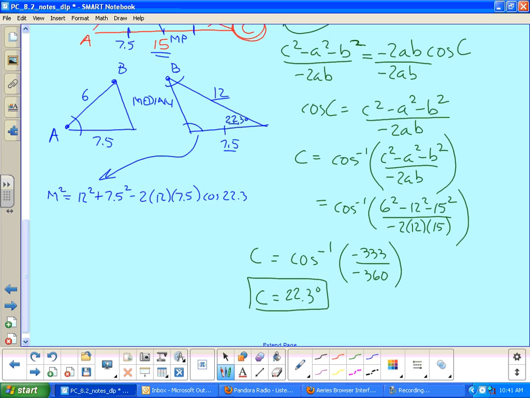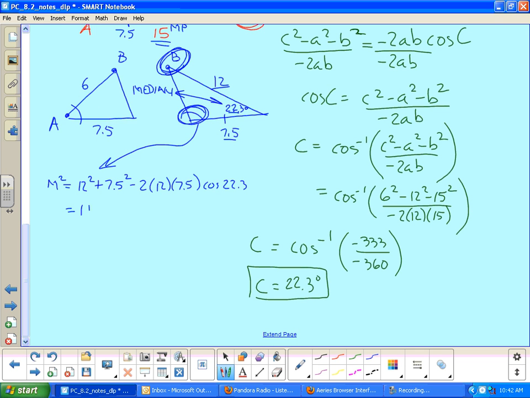Now sometimes you use a law of cosines and it gives you enough information to then use a law of sines to find another missing part. But in this case, we would need to know either angle B or this angle to be able to use law of sines. So we just set up the relationship of a side that's unknown and an angle that's known. We would set up law of cosines again.